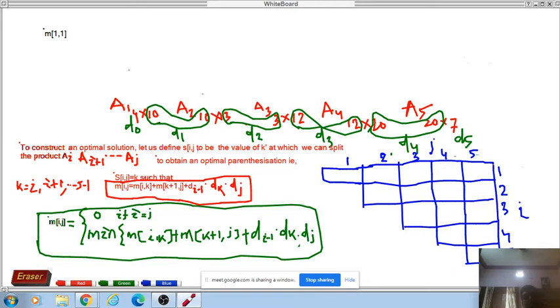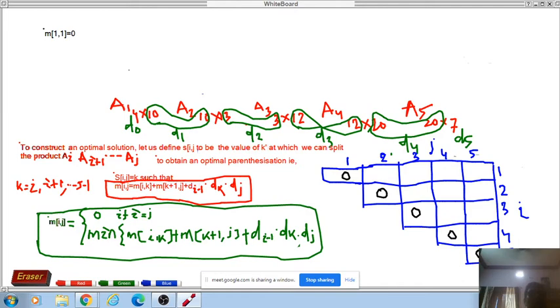Similarly, this 2 row 2 column will be how much? 0. No need to do all these things, you can calculate fast. The 3 row 3 column is 0, and 4 row 4 column is 0, 5 row 5 column is 0. So simply you have to go and fill everything like this. Understood? Because whenever row i and column j are the same, m of 2 comma 2 will be equal to 0.